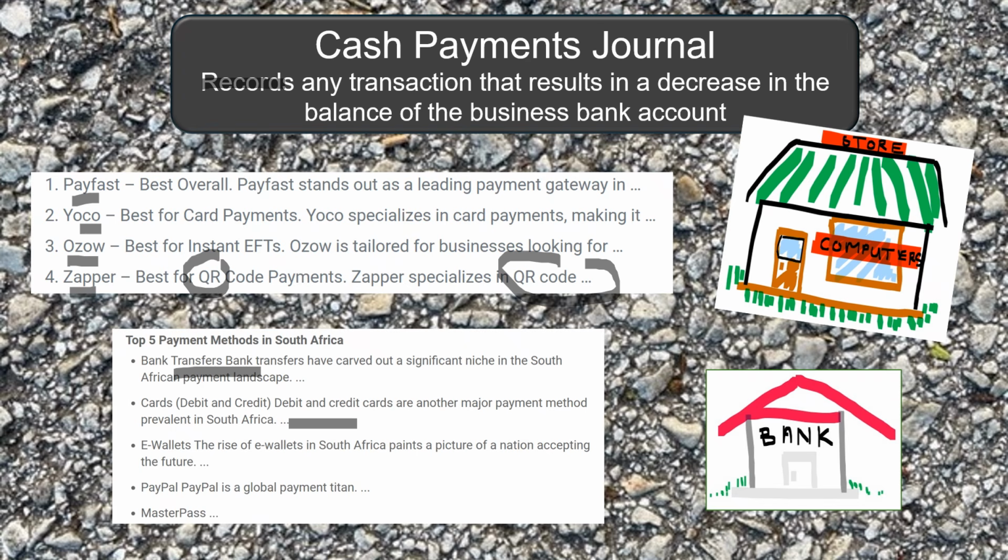Right, there also card payments can be made. People use e-wallets, PayPal online, MasterPass, but what we're going to be doing is EFTs, electronic fund transfers from our business to our supplier's bank account.